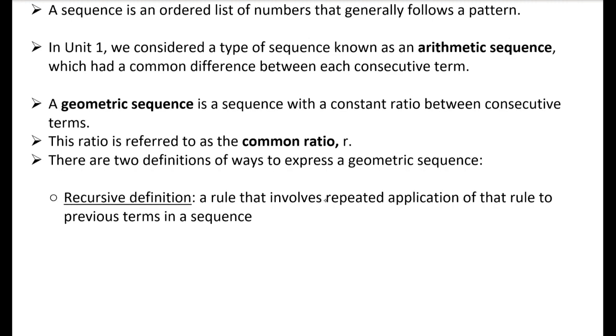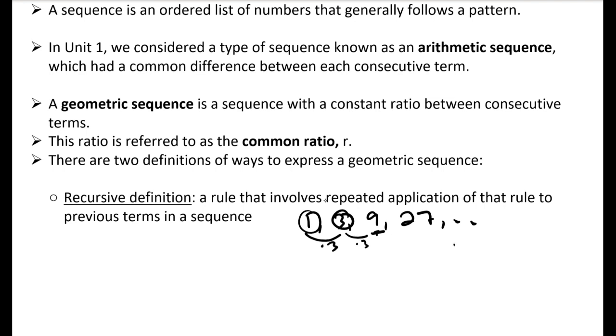So for example, if we had 1, 3, 9, 27, and so on, well, we just said that in order to get the next term, you take the previous term and times it by 3, right? So the recursive definition says take the previous term and multiply by 3. To get 9, I take the previous term and multiply by 3. And that's the pattern, that's the recursive definition.